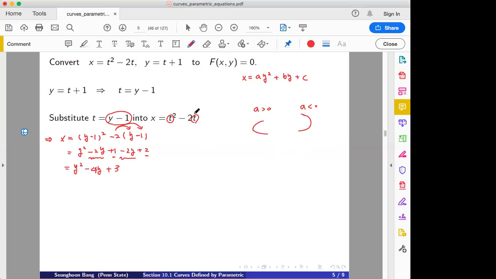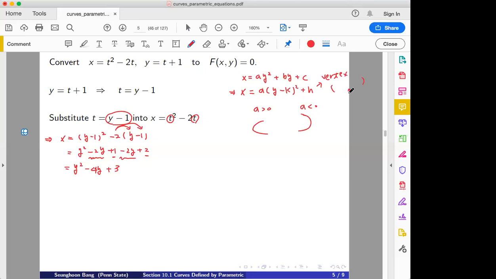One more. How can you find the vertex? You can change this one to the standard form. The standard form is a times (y minus k) squared plus h. We can change it like this. In this case, what is the vertex? What's the x component?